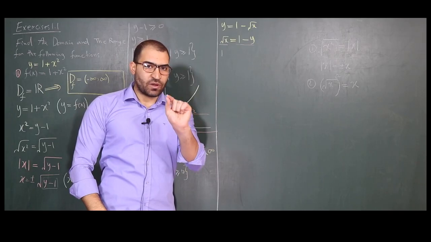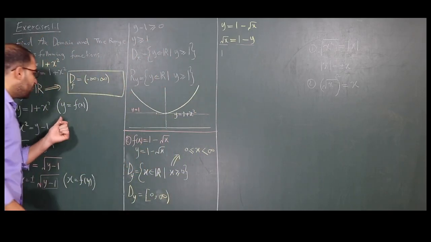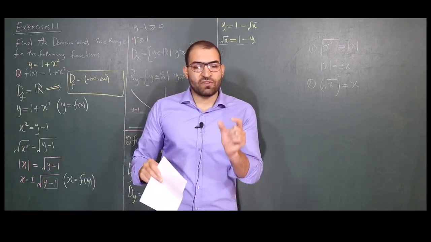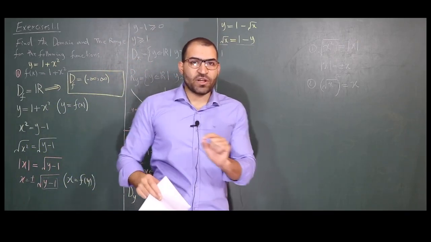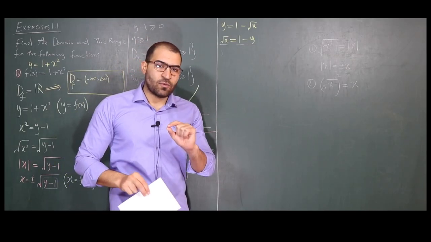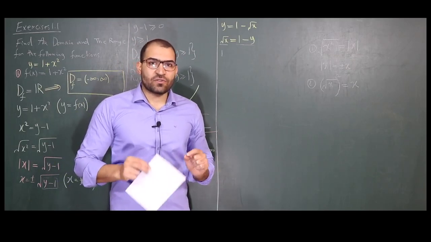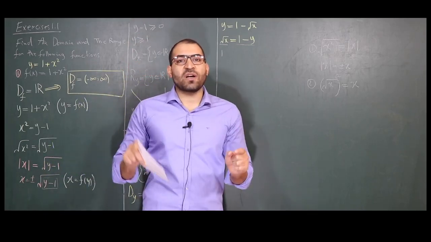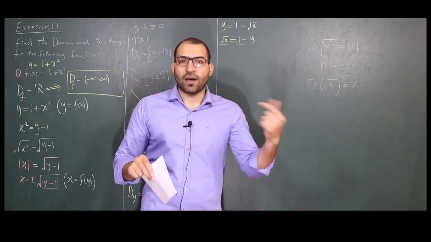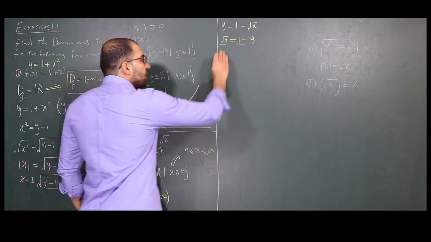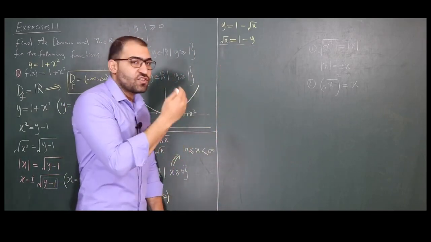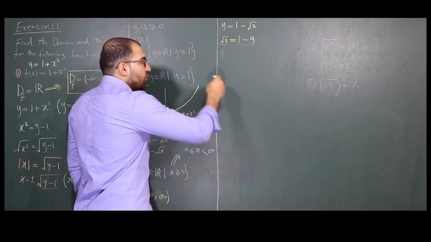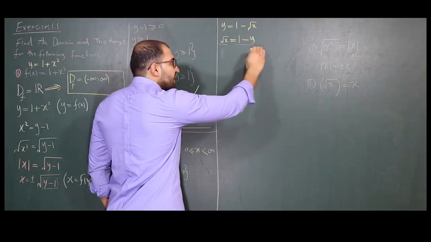I'm going to give you a hint. When I say domain, I need the conditions on the elements x, the input. When I say I want to find the range, I need the conditions that bound the elements y, which is the output. So here I can see the conditions, and I don't have to complete the solution or simplify this expression more.